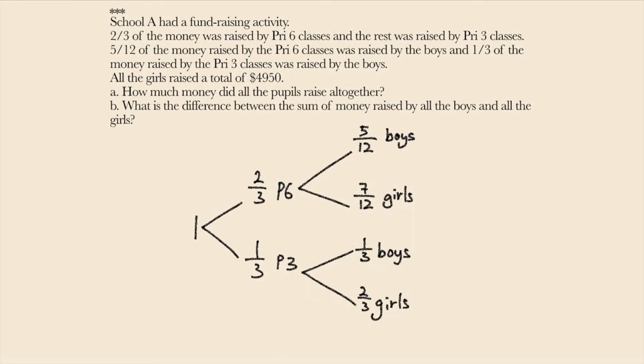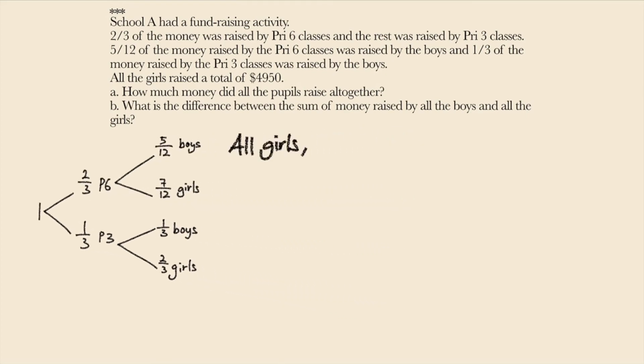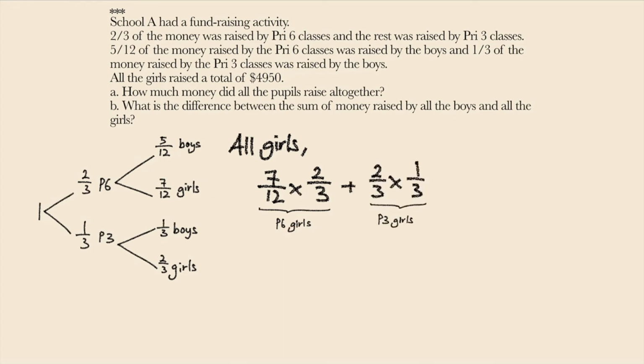From here, we can tell all the girls raised $4,950. Well, what fraction was raised by girls? Remember, P6 girls as well as P3 girls raised 4,950 altogether. So what fraction is all girls? That would be 7/12 times 2/3, those are the P6 girls, plus 2/3 of 1/3, that's the P3 girls.